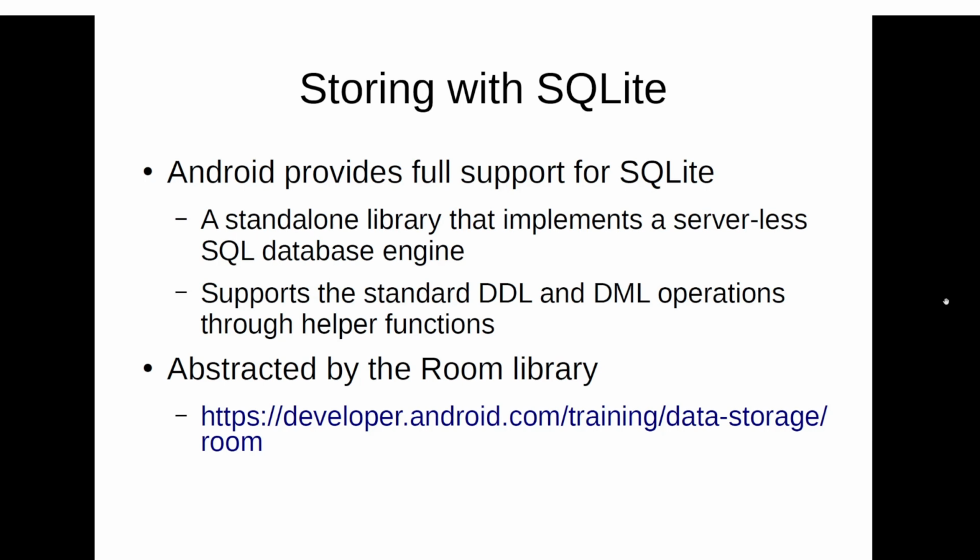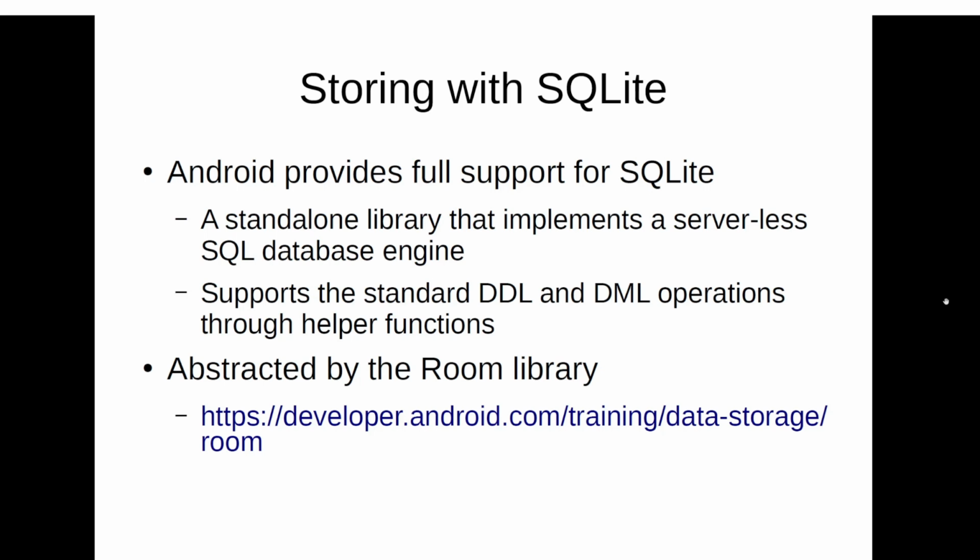You can access and manipulate a SQLite database using your standard SQL commands. However, you can also, and in fact are encouraged, to use the abstraction Room library, which is a part of Android Jetpack. This can make accessing, manipulating, and retrieving information from a SQLite database a little easier than trying to access it using low-level operations.